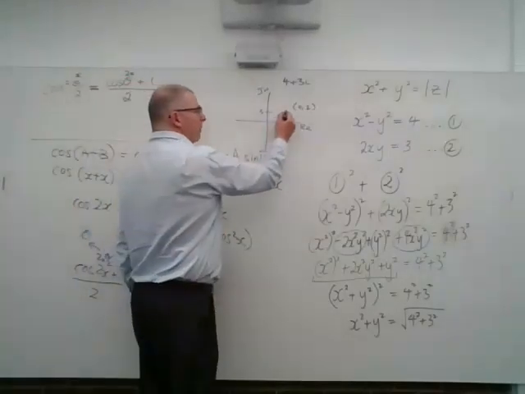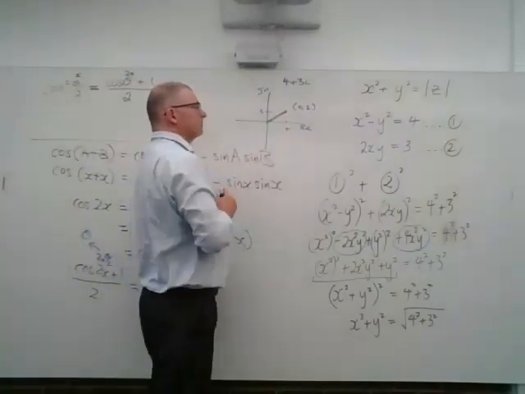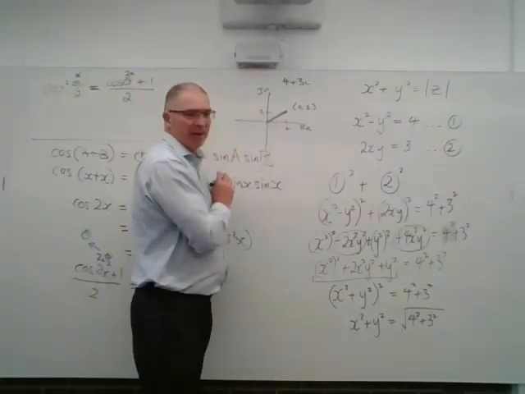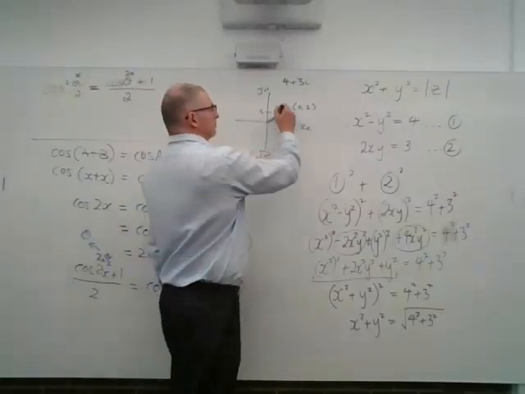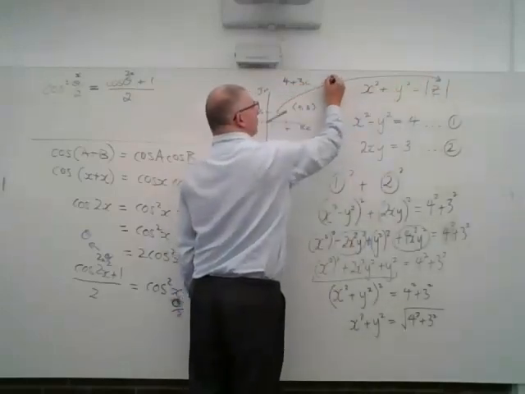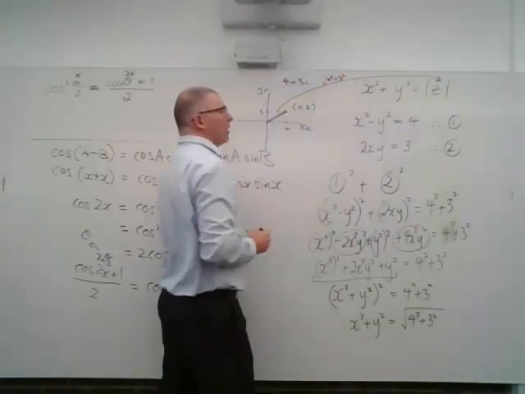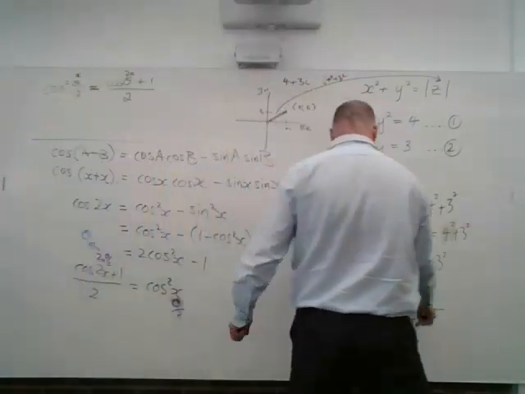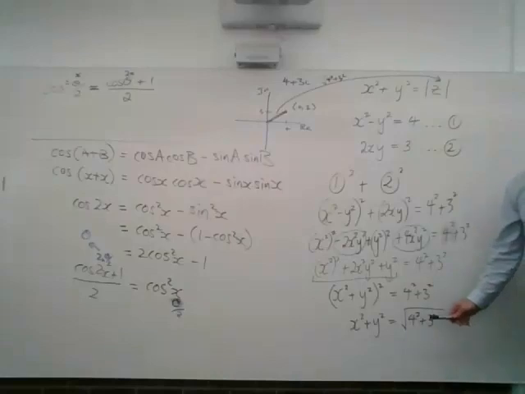We know that the mod of that will be the square root of 4 squared plus 3 squared, by Pythagoras. And that's what I've got down here. So that's going to come in handy.